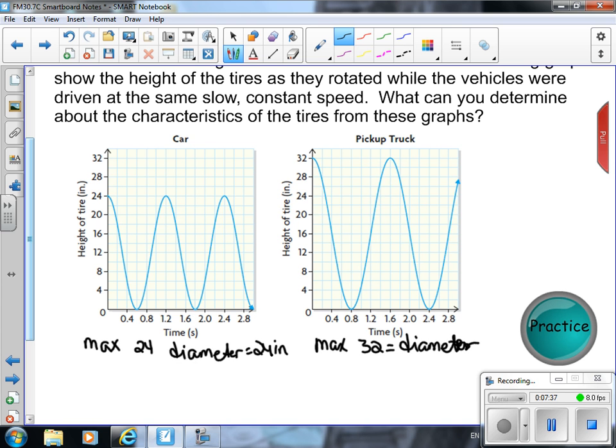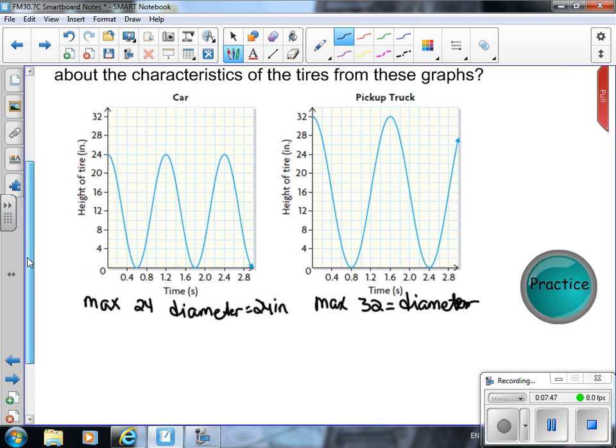Okay, to complete one full revolution, they would use that chalk mark and measure how long it takes to go around one full time. So let's look at the difference between the two periods. We can start at 0. That's our max point. At x equals 0, y equals 24, go down to the min and back up. It takes 1.2 seconds.